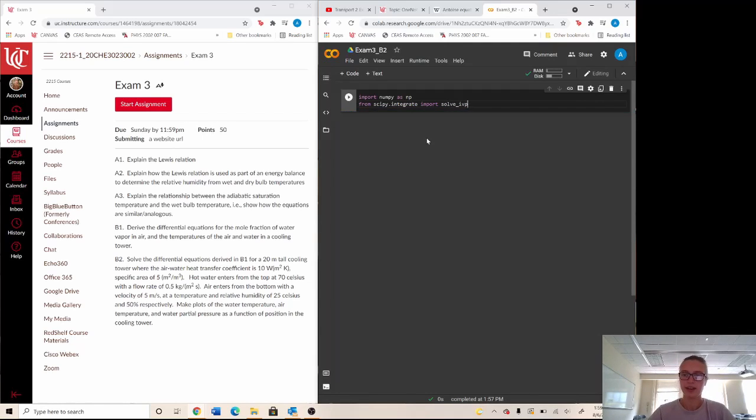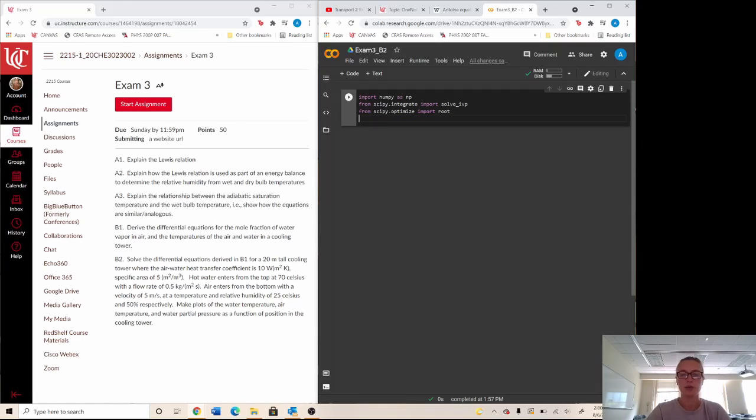Okay, and then SciPy also has an optimization toolbox, so we're going to import the root tool from the optimization toolbox so that we can converge the values of our initial value problem. So from SciPy.optimize, we're going to import root.